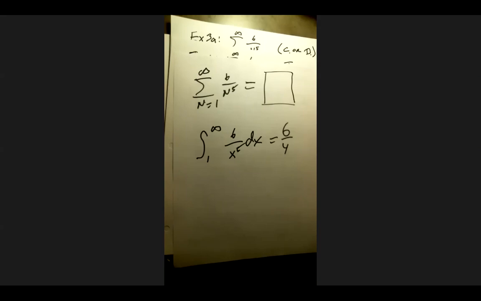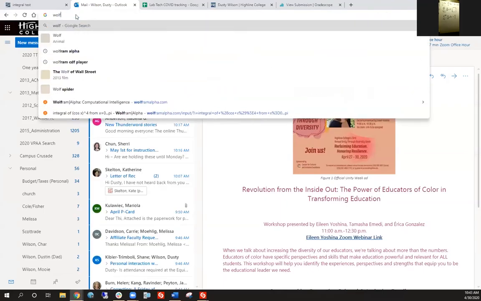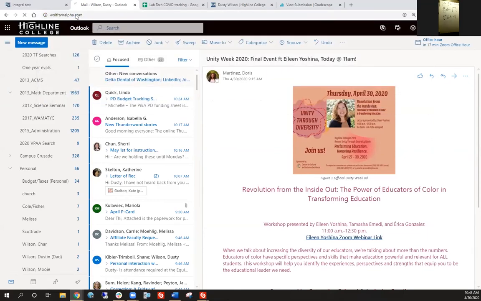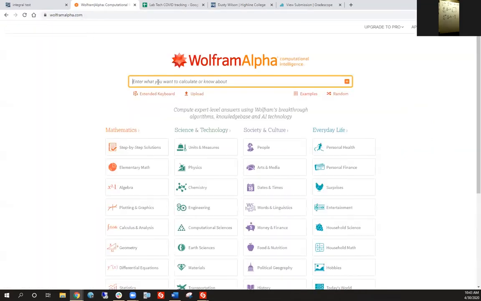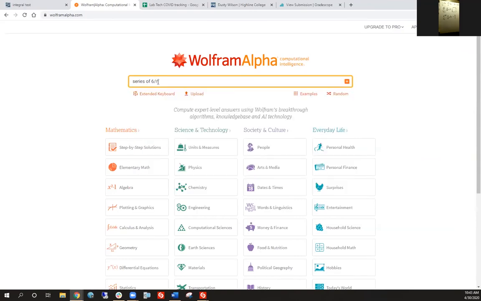Wow. I don't know the answer actually. Let's do what every good mathematician does in 2020. Let's ask Wolfram Alpha. How did you know? Let's see. Series of 6 over n to the 5th equals.